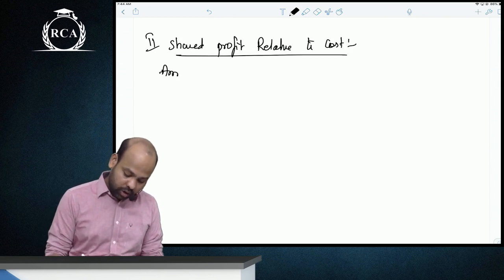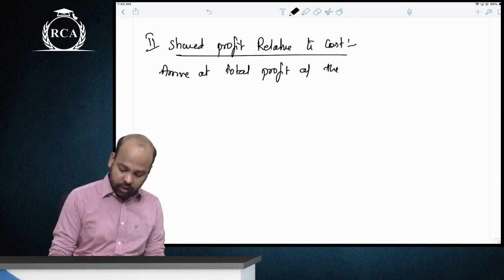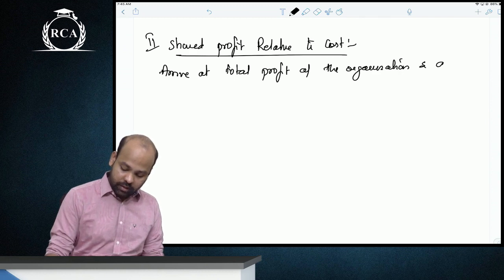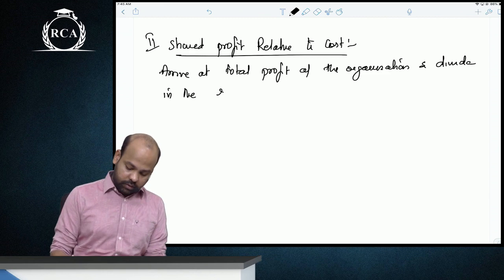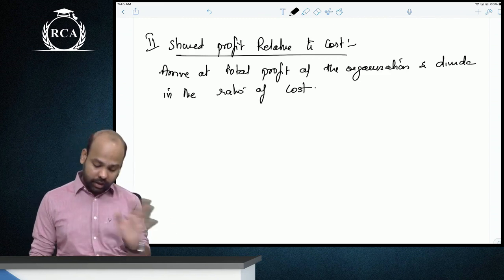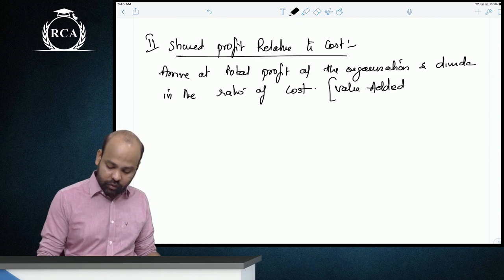You arrive at the total profit of the organization, and simply divide it in the ratio of cost incurred by each division, that is, value added by each division. That's it. This is what we do.